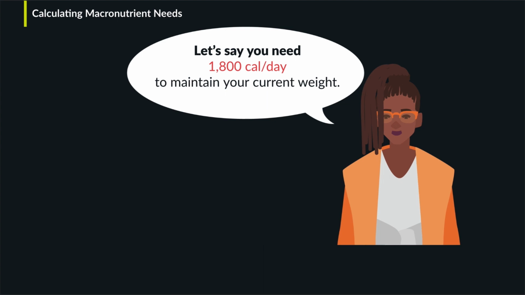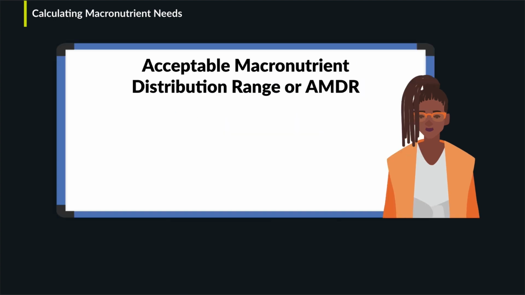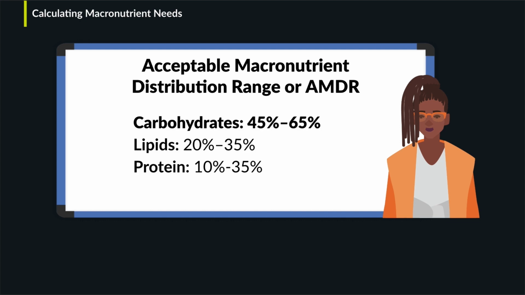Let's pretend that you currently need 1,800 calories per day to maintain your current weight. How can that be broken down? We know that the acceptable macronutrient distribution range, or AMDR, is as follows. Carbohydrates, 45% to 65%. Lipids, 20% to 35%.